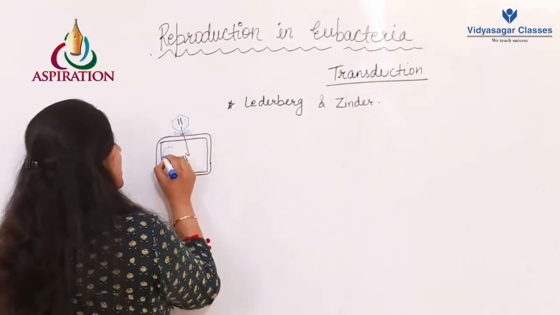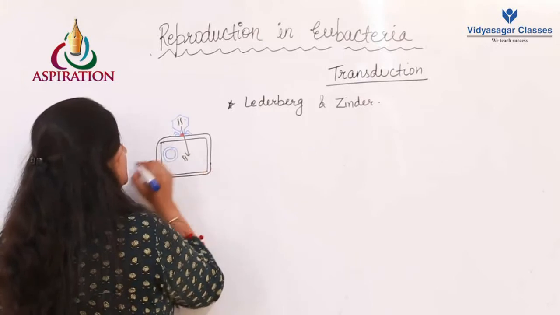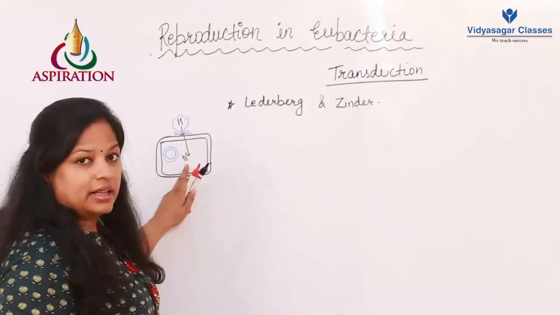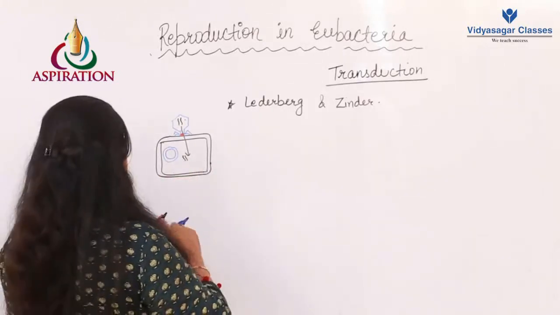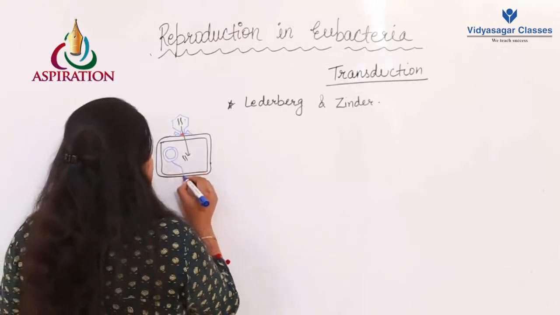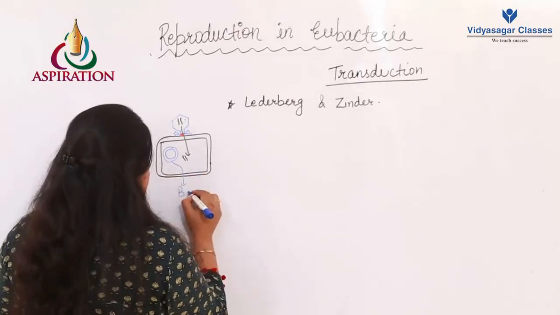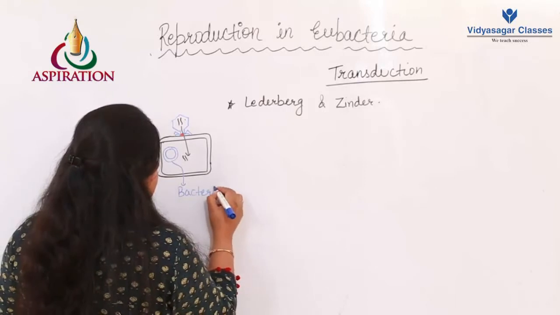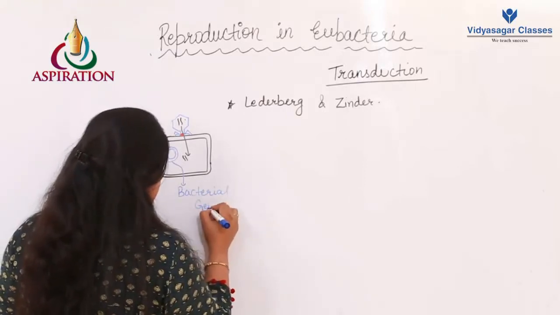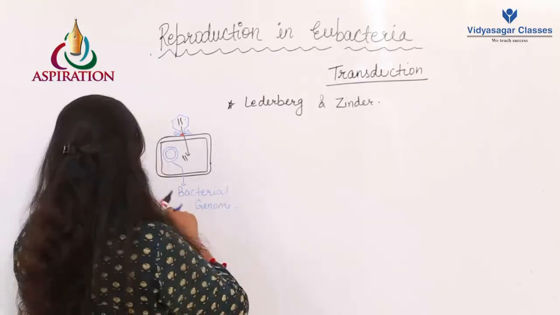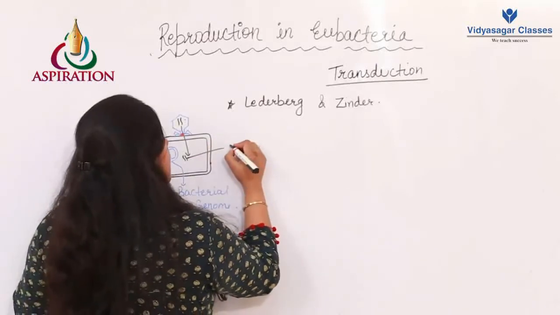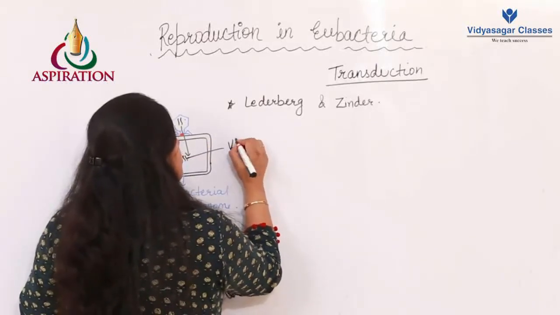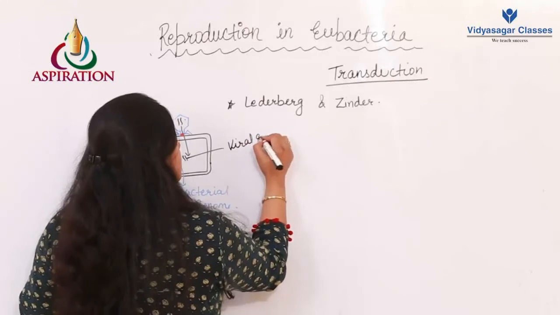The bacterial cell has its own genome, and this one is the viral genome.